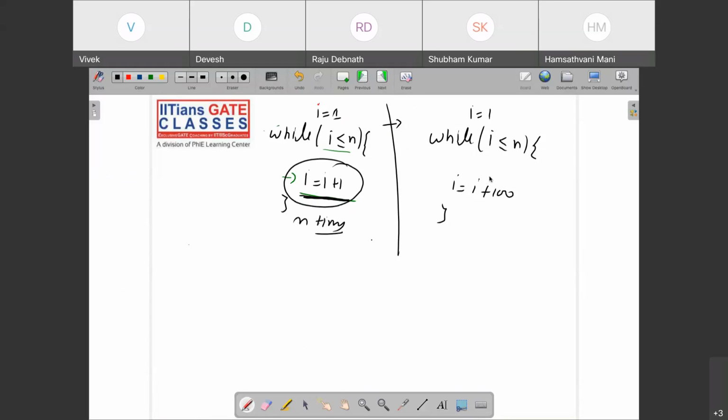But when I do I equal to I plus 100, how many times is this line executing? Now this is an interesting question. You can tell me how many times this line is executing, or this whole while loop is executing. Tell me in terms of n, like n by 2, n by 4, something like this.